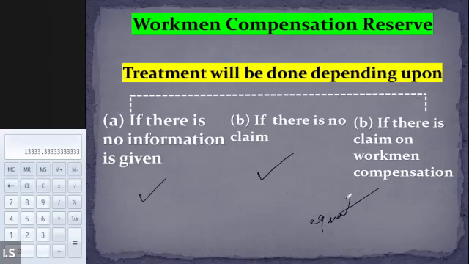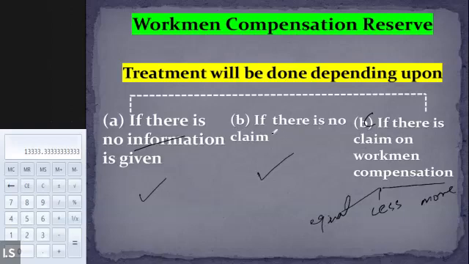It can be equal to the amount of reserve, it can be less than the amount of reserve, or it can be more than the amount of reserve. There are three possible situations in this case, in case number C. If there is compensation, then the question may not be giving you any information regarding the treatment of the compensation. In such a situation, you need to distribute all the amount of compensation among the partners in the profit sharing ratio.